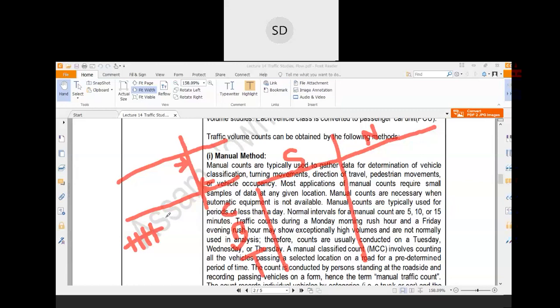Then again you start one, two, three, four, then five. Likewise you can count the total number of vehicles for a particular car: 5 plus 5 plus 5, that is 15. So this is the way the manual counting method is conducted.